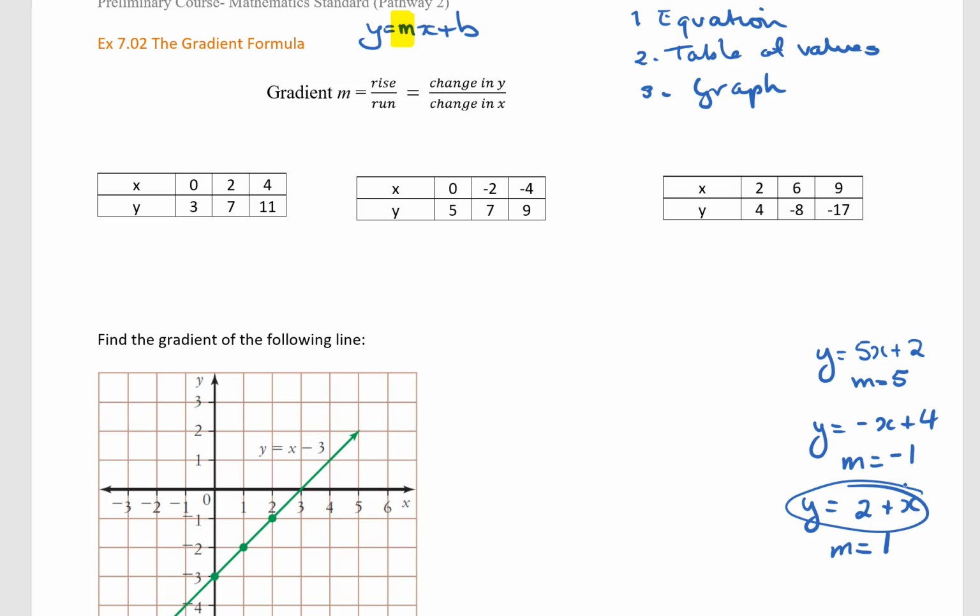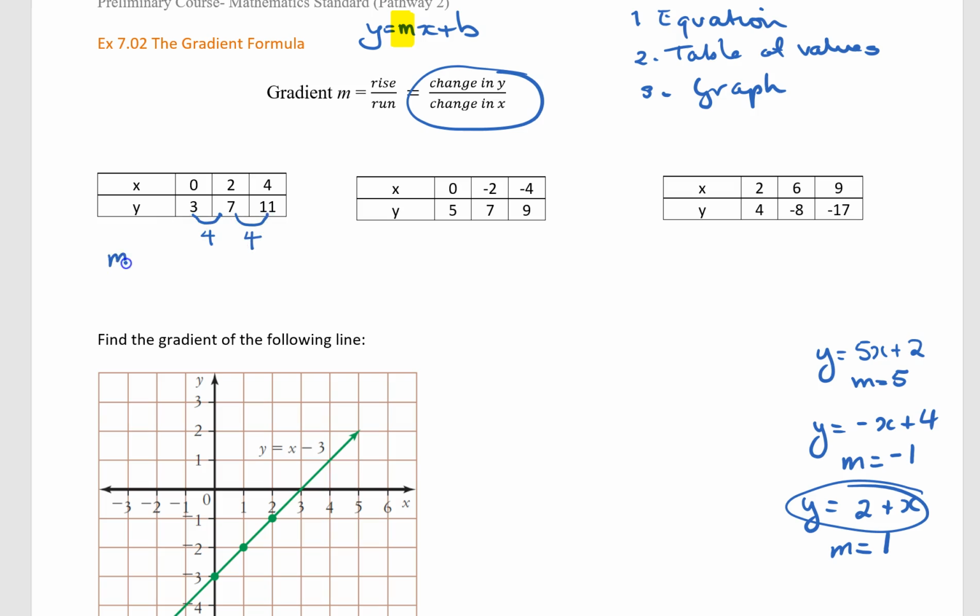Okay, let's move on. How do we get the gradient out of a table of values? Well, we use this understanding here. So gradient can be defined as the change in the y value divided by, make a fraction, change in the x value. So if I look here, the change in the y value from 3 to 7 is 4. From 7 to 11 is 4.